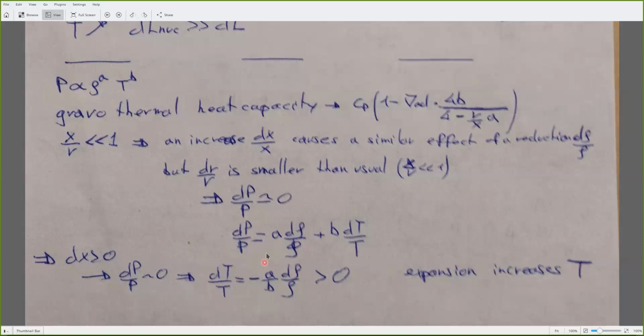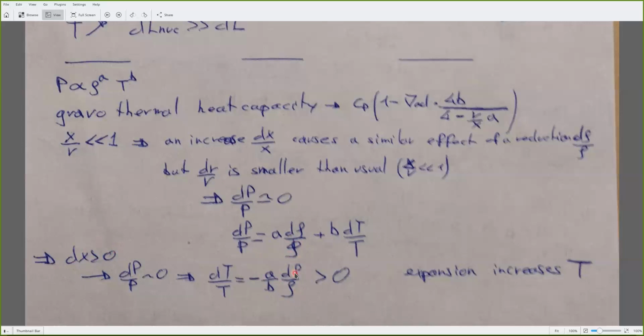Considering that for a thin shell the relative variation of the pressure is almost zero, we have that only the variations in density and temperature are connected. So if we have a decrease of the density, this is negative, and with the minus it is positive.